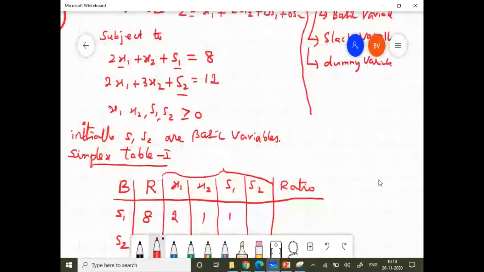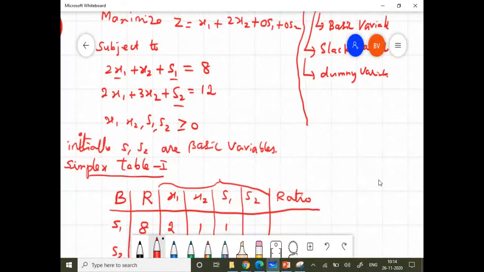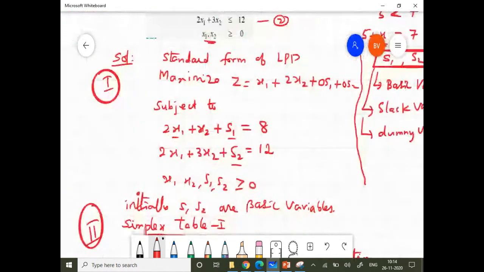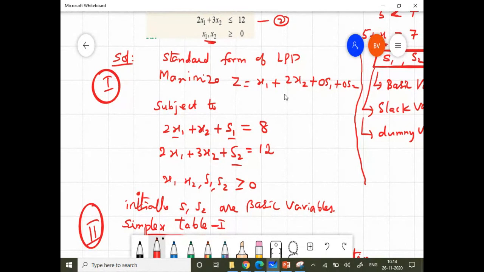Similarly, S2: there is no S2 in the first row, so it's 0, and S2 in the second row, so 1. It will look like an identity matrix. So if there are three S values, then there will be a 3 by 3 identity matrix. Fine. Another important thing is filling the Z row, but with the opposite sign. With the opposite sign, that's the highlight.